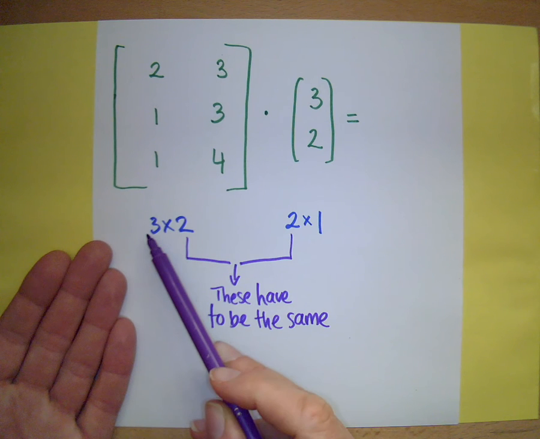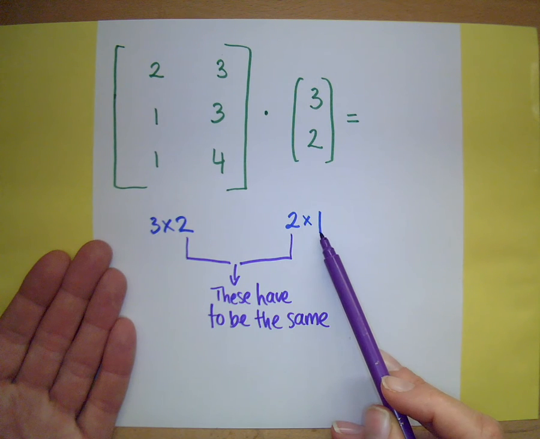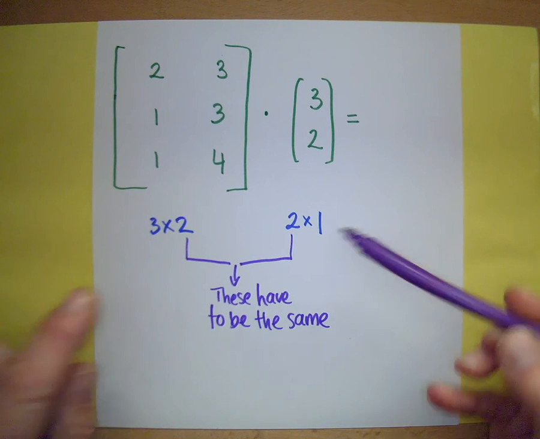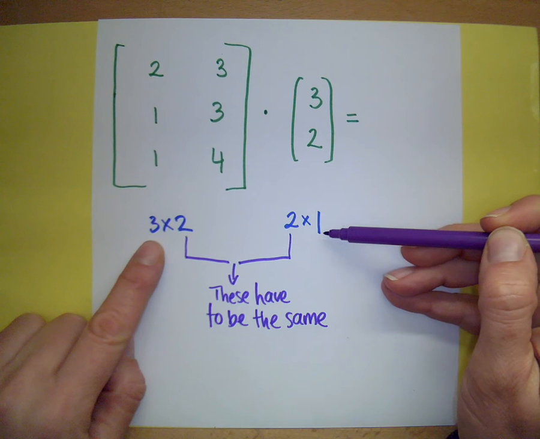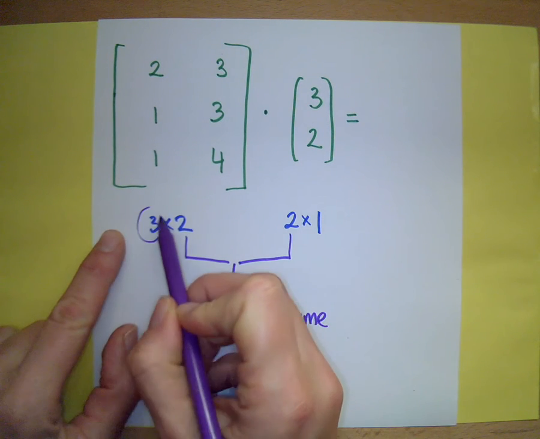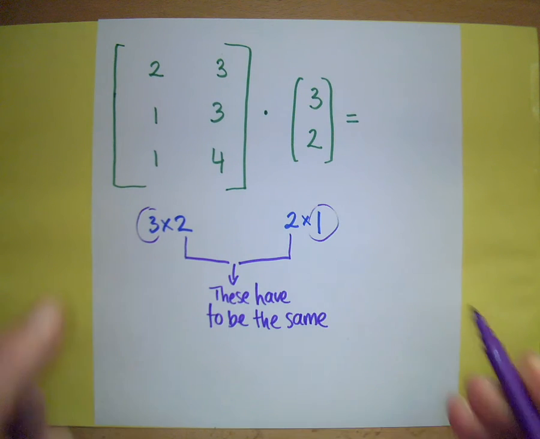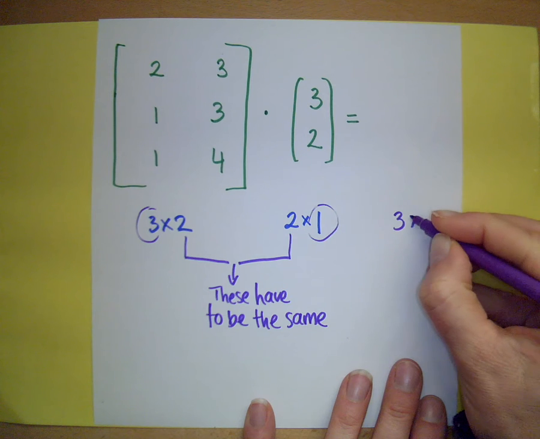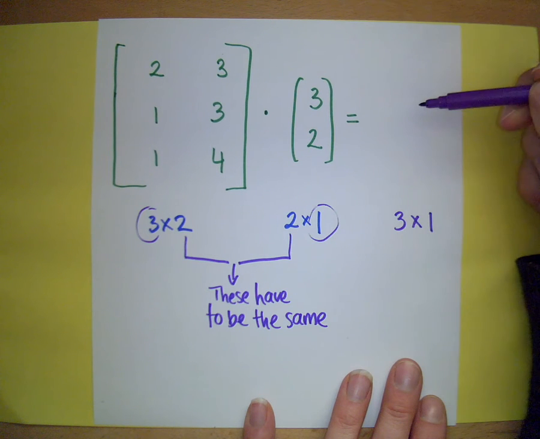It does not matter that this number is bigger than this one. Nobody cares. And, you know, considering our coffee and tea situation, that makes a lot of sense. What these numbers do tell us, though, is that we're going to end up with a 3 by 1 matrix as an answer. So our answer is going to be a 3 times 1 matrix.